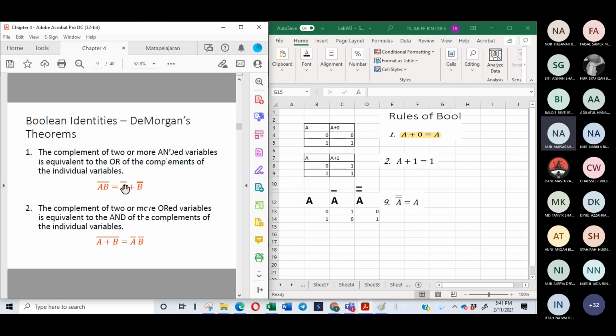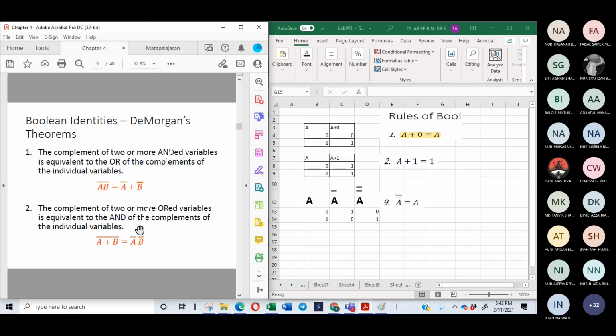Afterward, I want you to prove this one: the complement of two or more ORed variables is equivalent to the AND of the complements of the individual variables. Meaning (A OR B) bar is equivalent to A bar AND B bar. So you have to OR first, then only you complement.